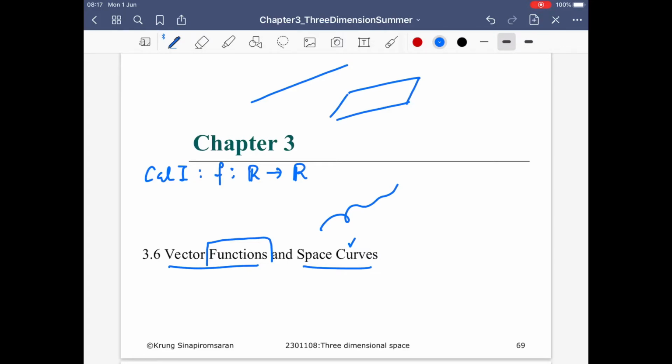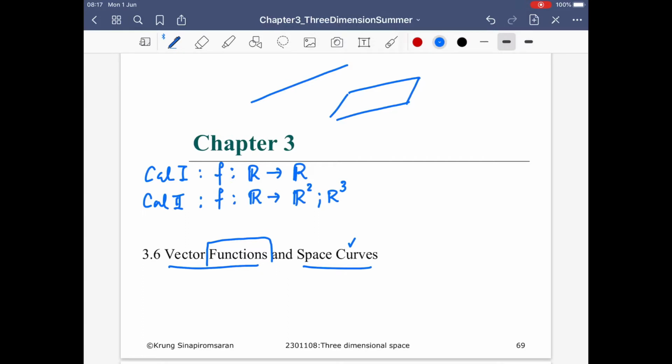And in calculus 2, you are going to look at functions from R to usually R2 or sometimes R3, depending on the context of the problem.